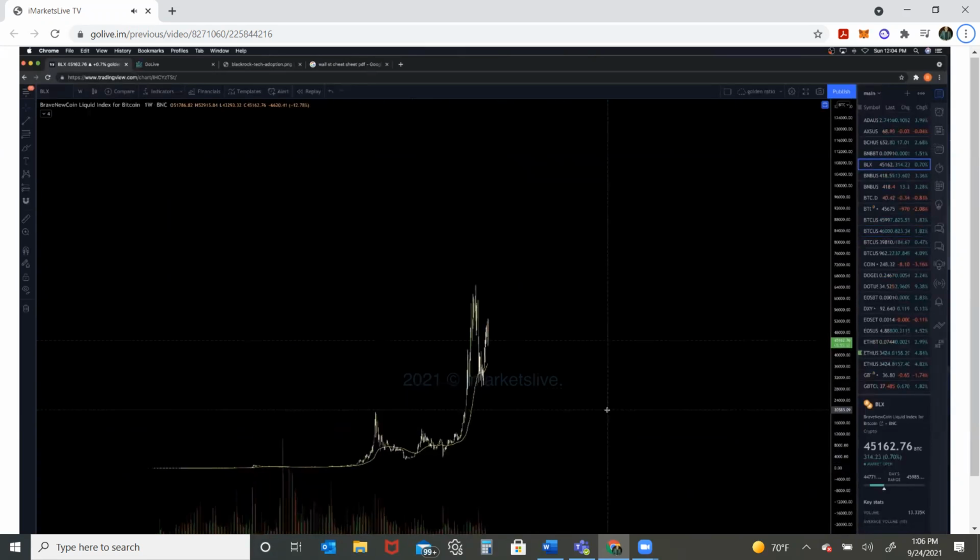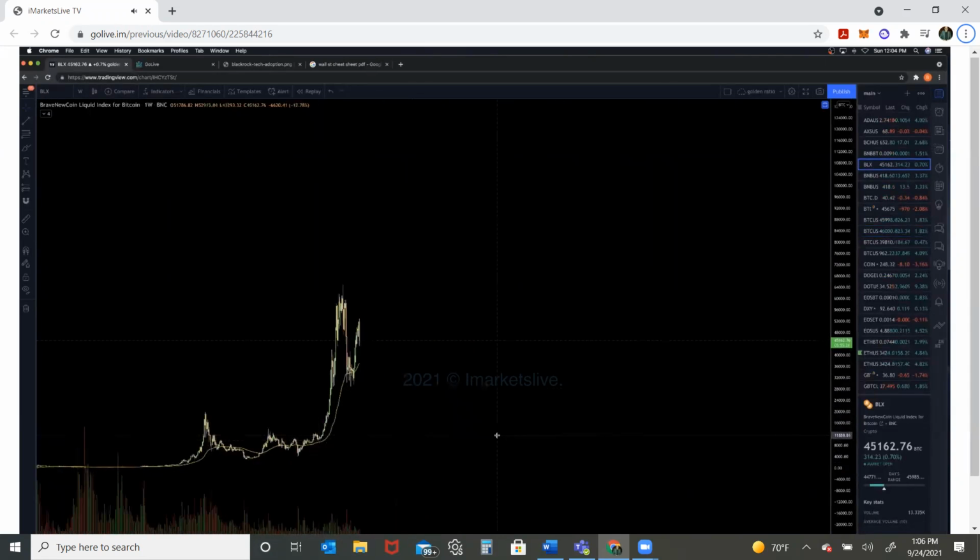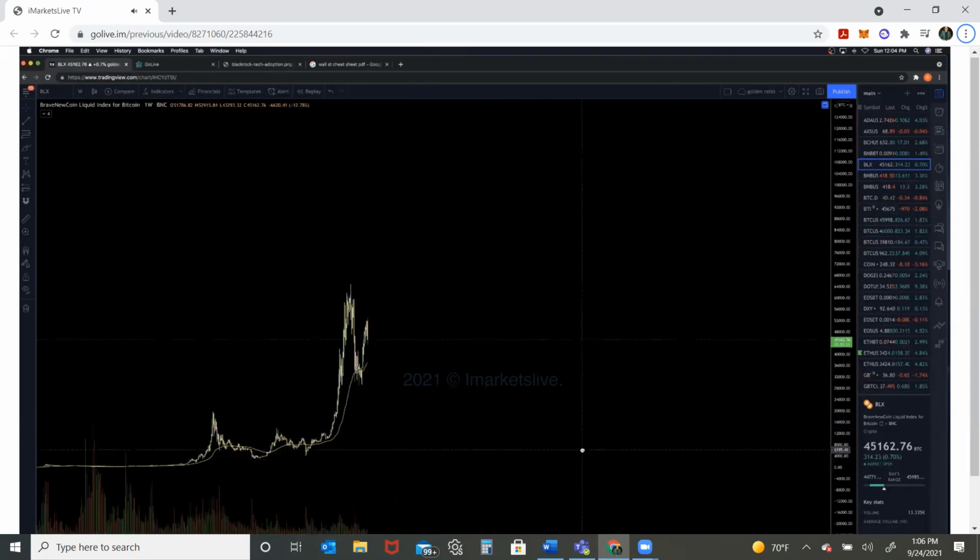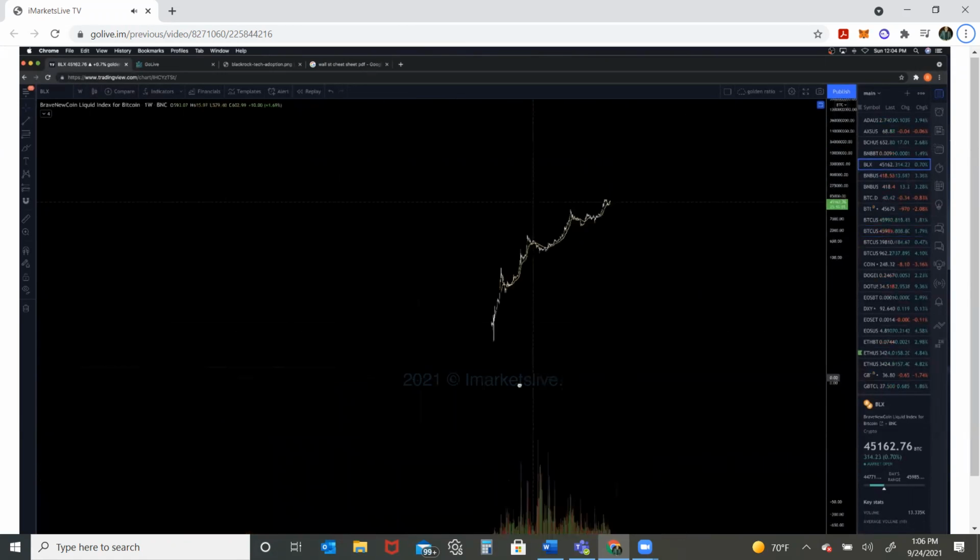So I want you to really know that when you're trading Bitcoin, you want to be looking at it in the scale that most people are, which is a linear scale. But keep in the back of your mind, from an investment point of view, and also from an understanding of how Bitcoin grows over time, you want to also be looking at the logarithmic graph, to be looking at the bigger picture.